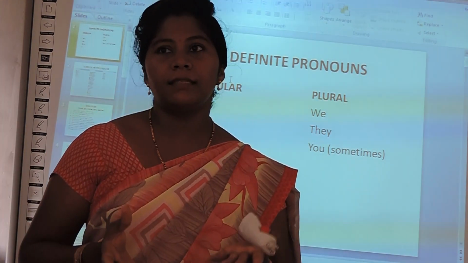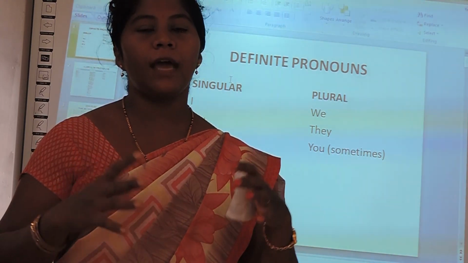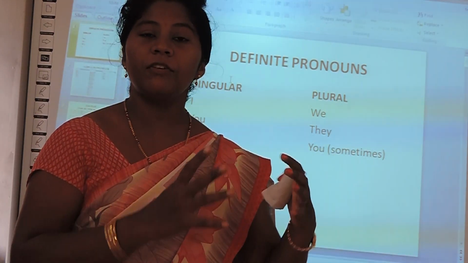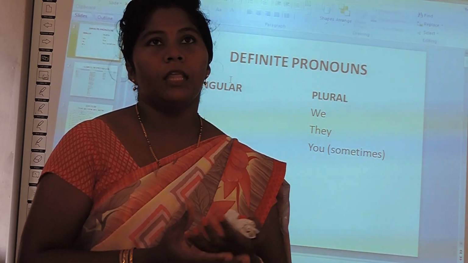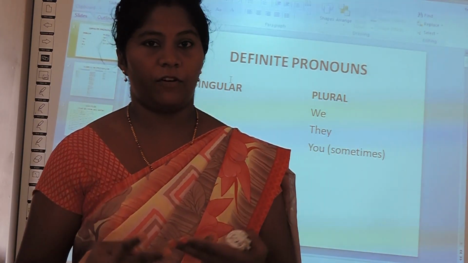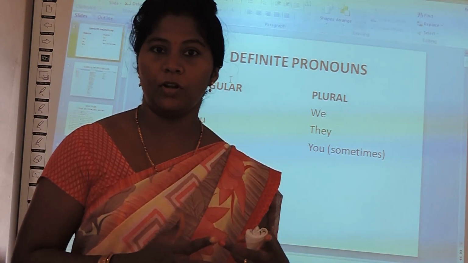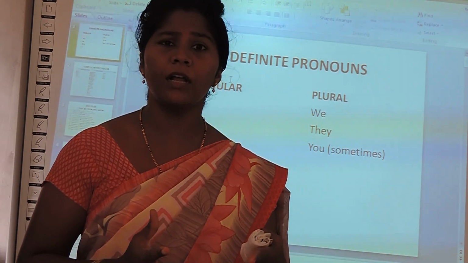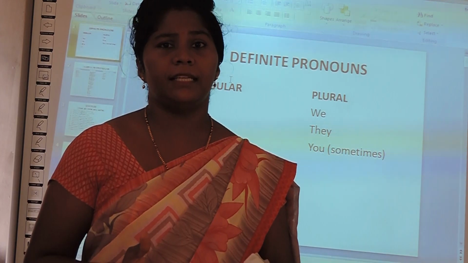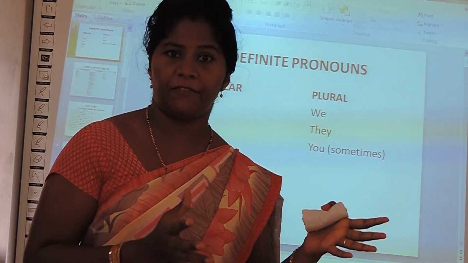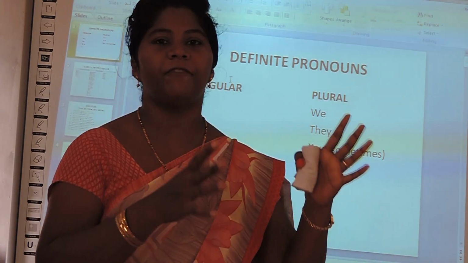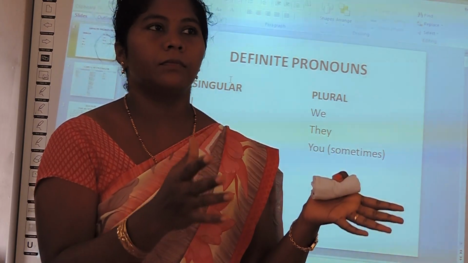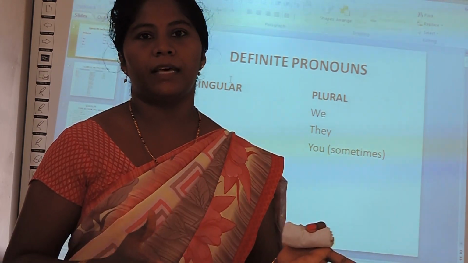Now, a confusion arises when we have the subject in the form of a pronoun. There are two kinds of pronoun: definite pronoun and indefinite pronoun. The name itself suggests that when we are talking about a definite pronoun, we are talking about a definite person, place or something like that.